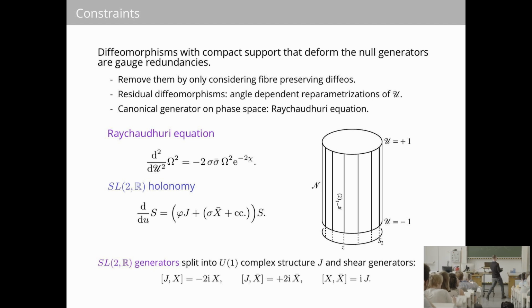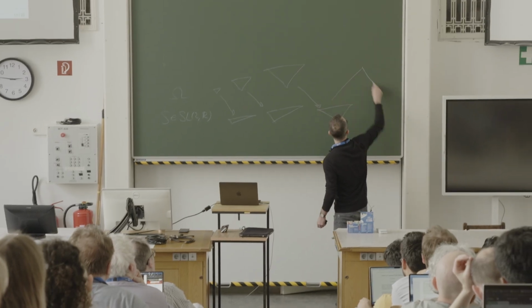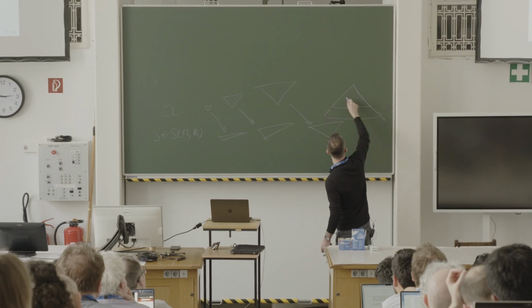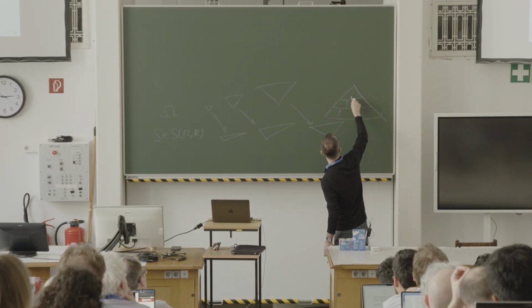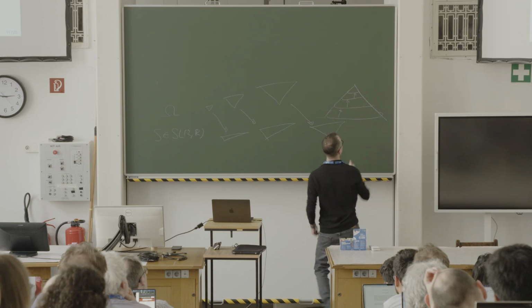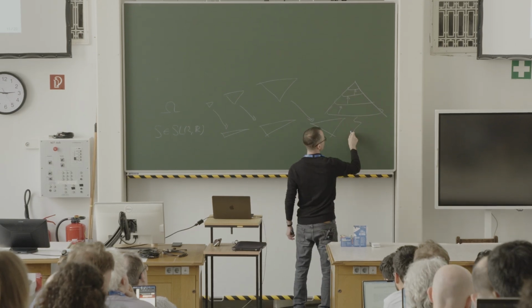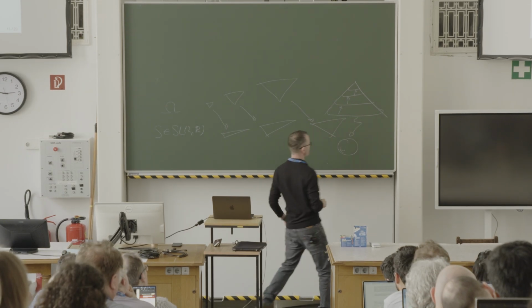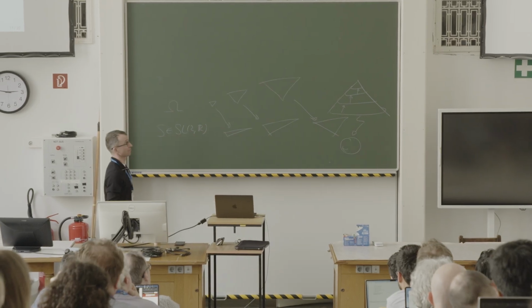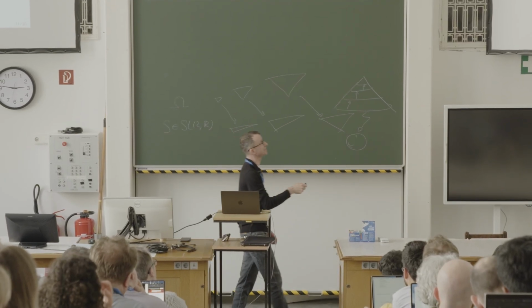So imagine you have a light cone, and you have two-dimensional cuts, and this equation tells you how the area of these two-dimensional cuts that may have the topology of a sphere changes in time. So what does this equation tell you?